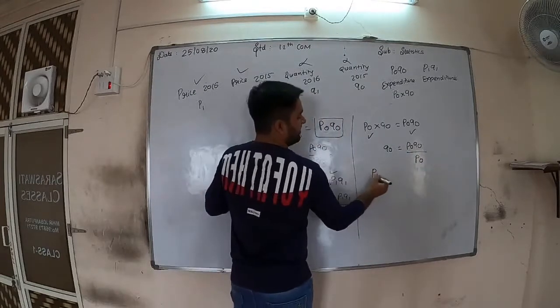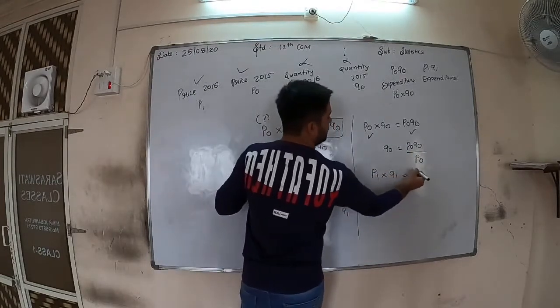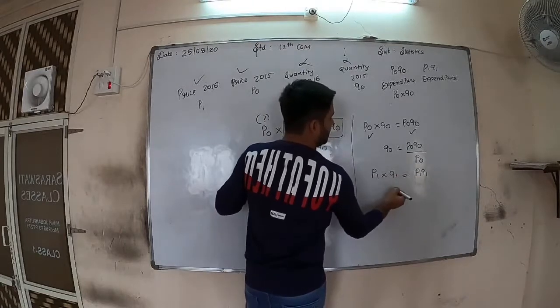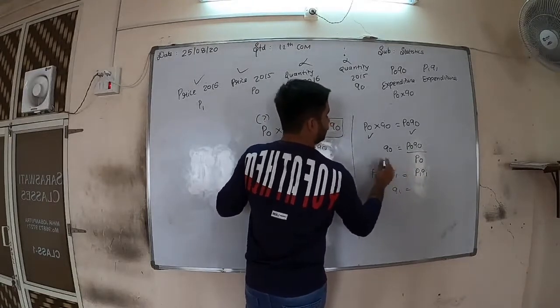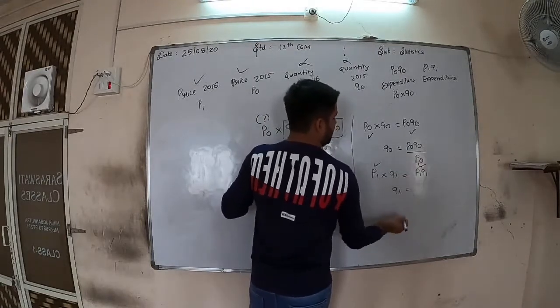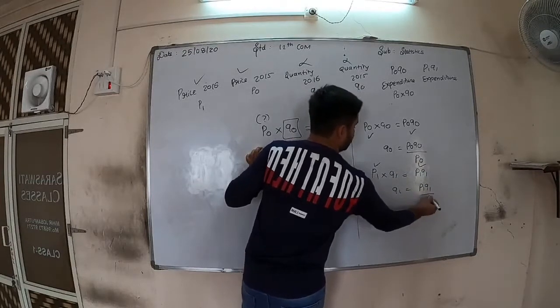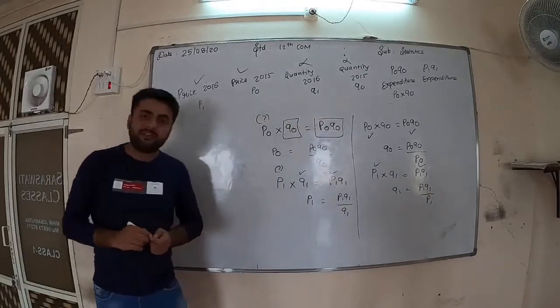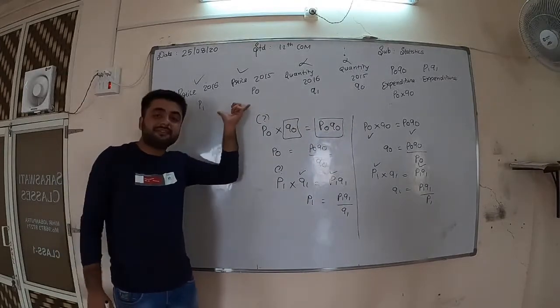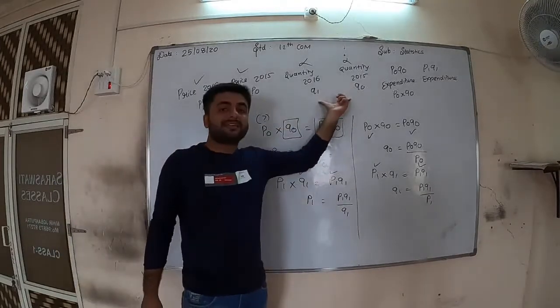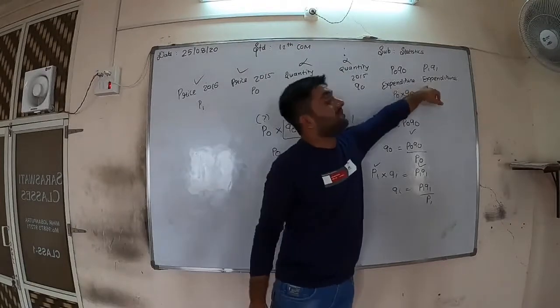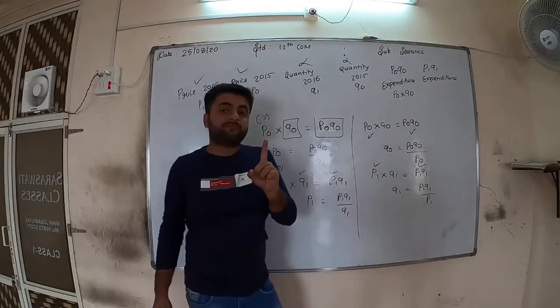In the same way, P1 multiplied by Q1 is equal to P1 Q1, so again Q1 is equal to P1 Q1 divided by P1. In short, what I mean to say is that sometimes prices are not given, sometimes quantities are not given. Instead, the word expenditure is given.